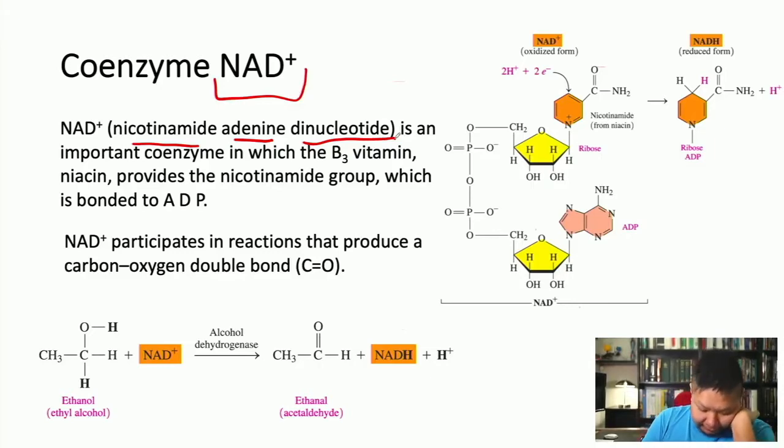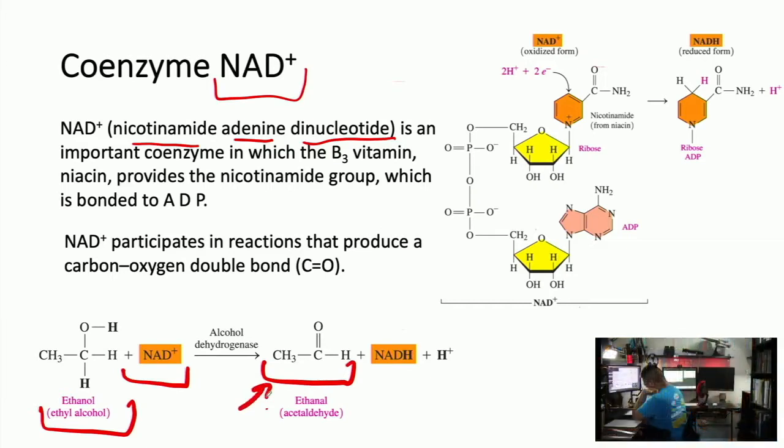How we do that is NAD comes in and oxidizes a molecule, for example ethyl alcohol here, with alcohol dehydrogenase. When it oxidizes it, notice that we lose a hydrogen in ethanol, and then that hydrogen is now here on NADH.